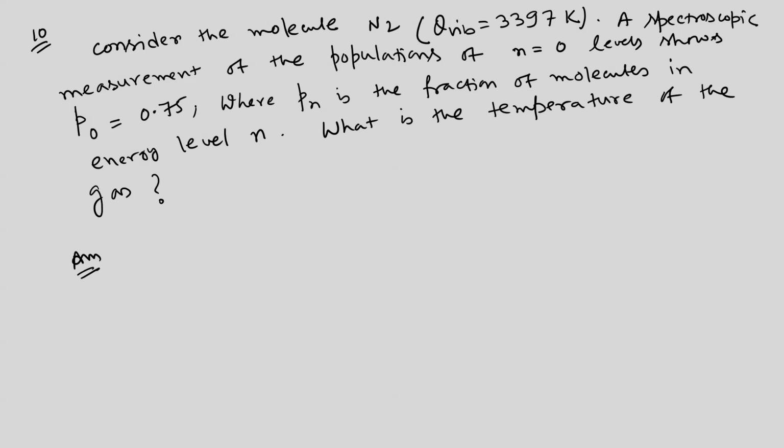Okay, so we know the vibrational partition function, we know the expression. How do you solve it? So, the hint here is, you know the expression for Pn from the vibrational partition function.